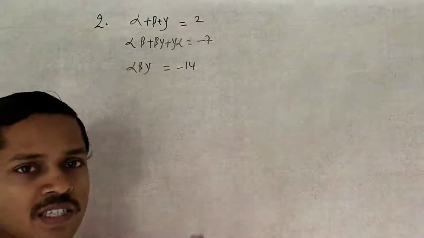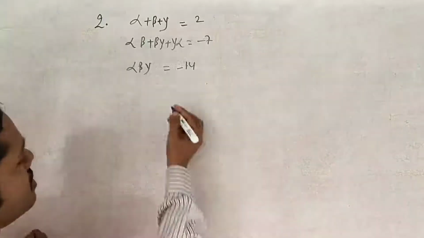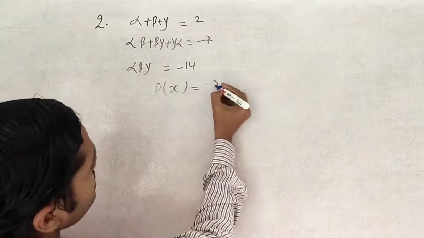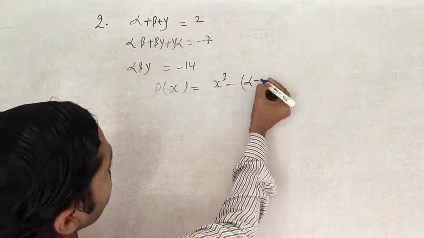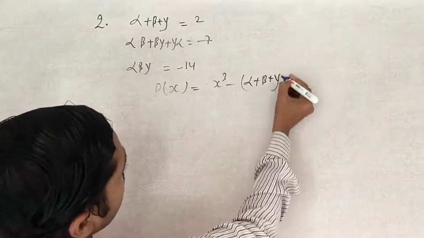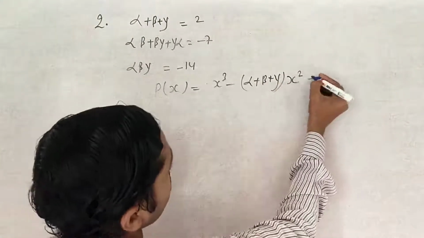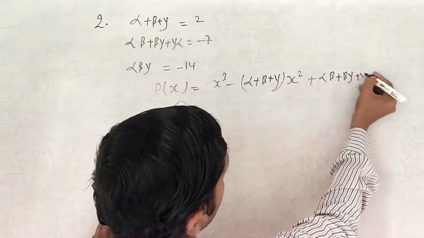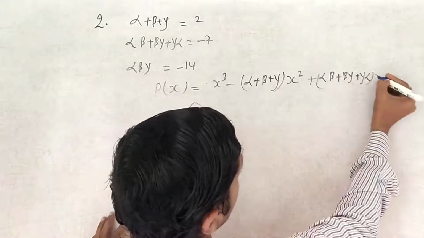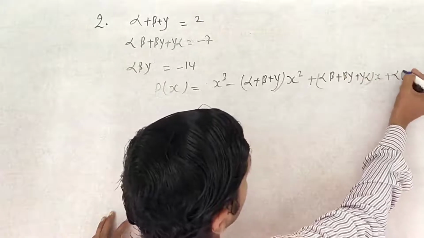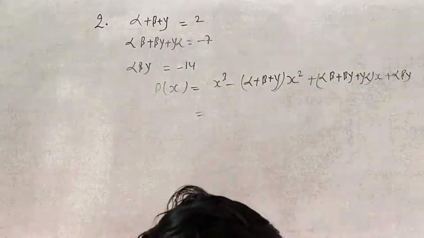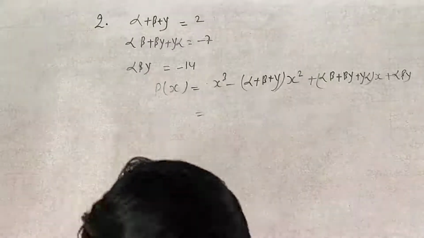So just think about that. We have already been given many types of information. We will have to directly find out p(x) equal to x cube minus (alpha plus beta plus gamma) into x square plus (alpha beta plus beta gamma plus gamma alpha) into x plus alpha beta gamma. Clear? According to this format, we can solve better.